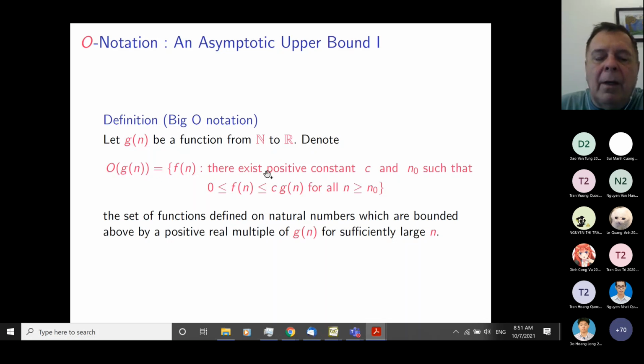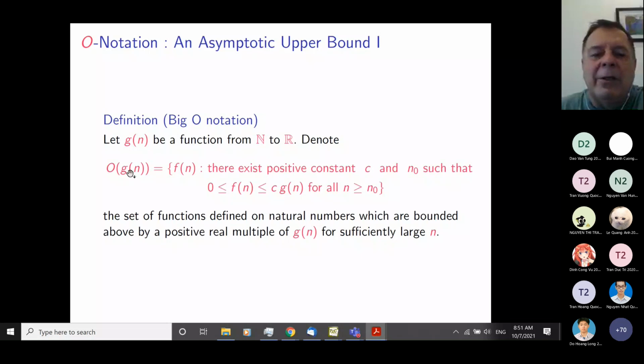As I said last week, we can easily find a g(n) that contains all the polynomial functions. For example, if I take g(n) that is exponential, it's going to include all the polynomials. But this kind of upper bounding is not very useful.